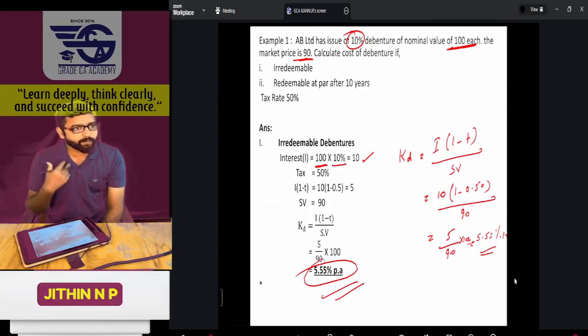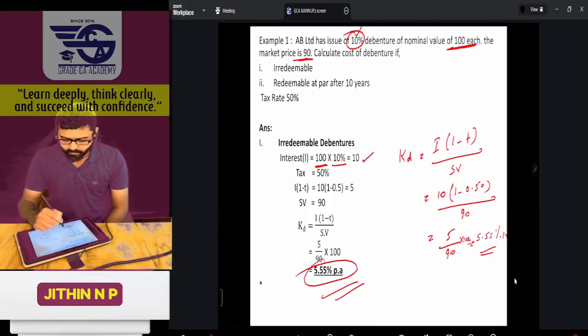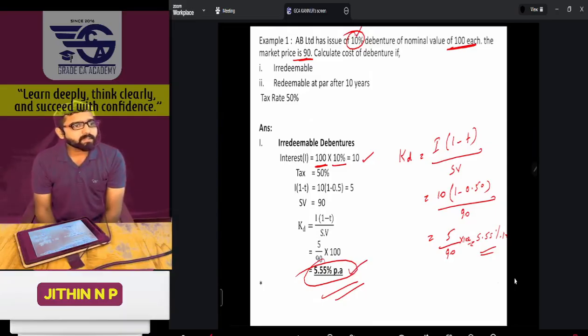Company's point of view, cost of debenture is interest. But the interest percentage is given as 10%, and we got 5.5% as the cost of capital. Why is there a difference?